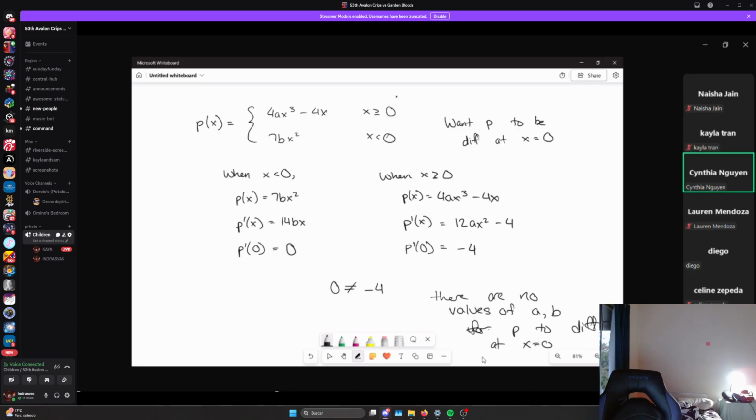But in this case, because you don't have an a and you don't have a b anymore, and it's just two numbers, you know for sure that 0 does not equal -4. So that means that there are no values of a and b for p to be differentiable at x equals 0. Do both a and b have to be at the end result, or can it be just one of them?